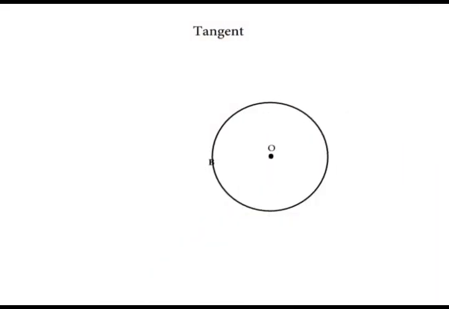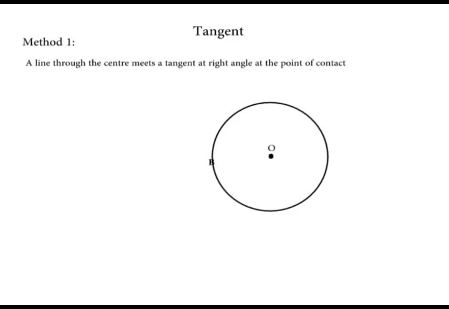Construction of tangents. There are two methods of constructing tangents. Method 1. Recall in Form 2, we said that any line through the center of a circle meets the tangent to the circle at 90 degrees at the point of contact.